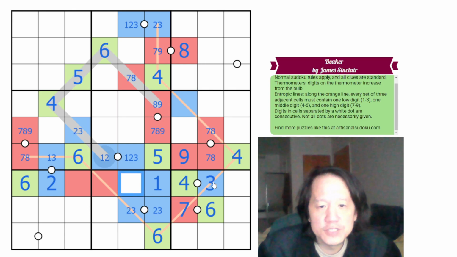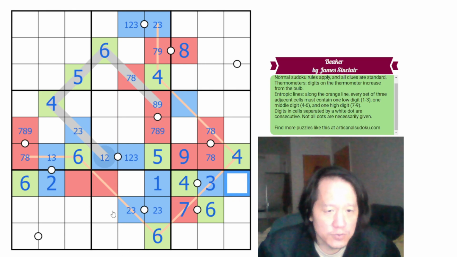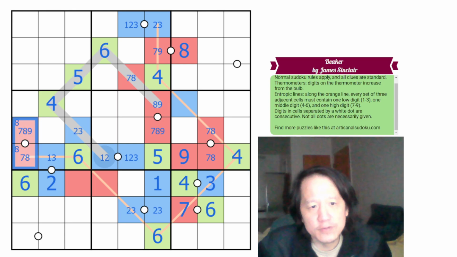So either this is 5 or this is 5. We're not sure which. So we know 8 is one of these two.